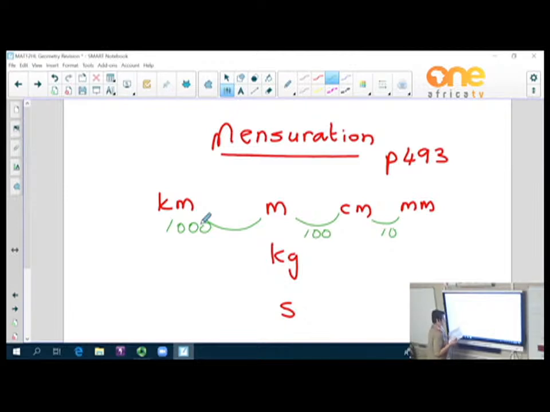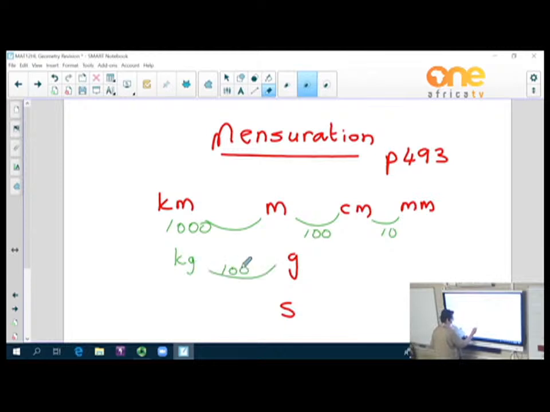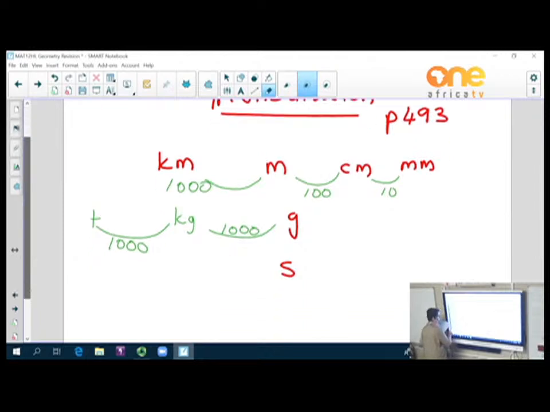So the same thing works with kilograms here, and then we know that, or actually we can perhaps put the grams here, and then here the kilograms, then 1,000 grams is a kilogram, and then we know again that 1,000 kilograms is a ton, that we also work with that there.